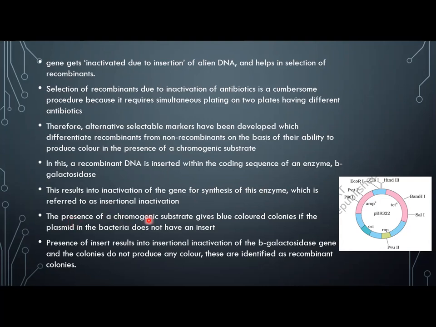The presence of a chromogenic substrate gives blue-colored colonies if the plasmid in the bacteria does not have an insert. Presence of an insert results in insertional inactivation of the beta galactosidase gene, and the colonies do not produce any color. These are identified as recombinant colonies.